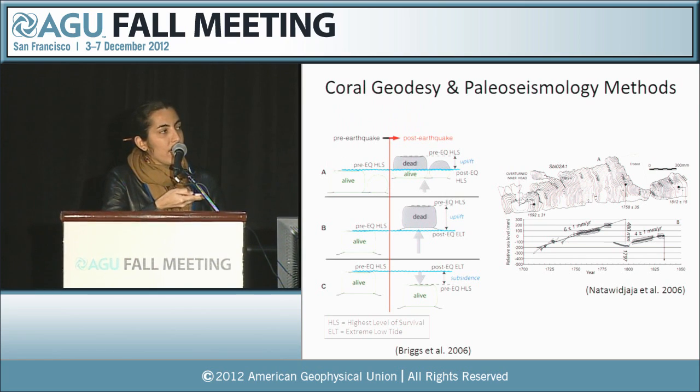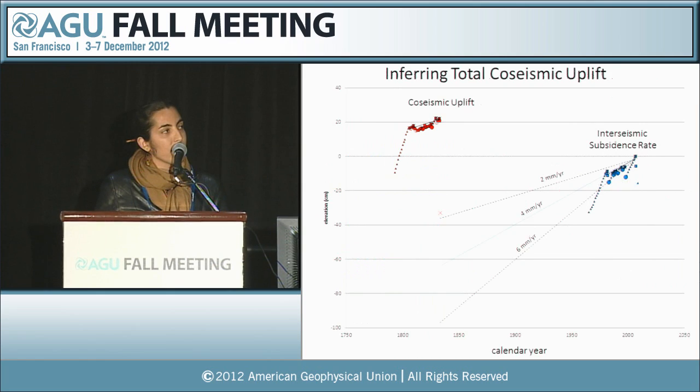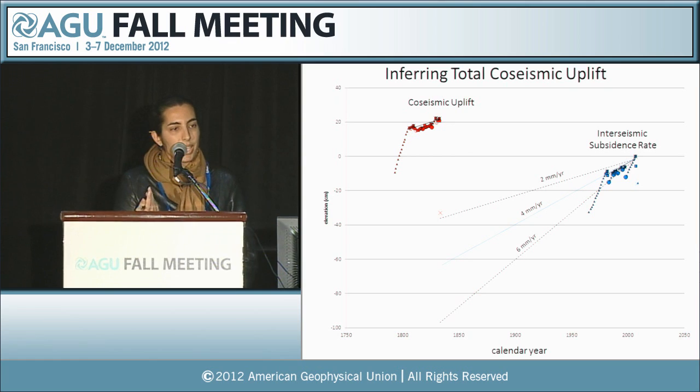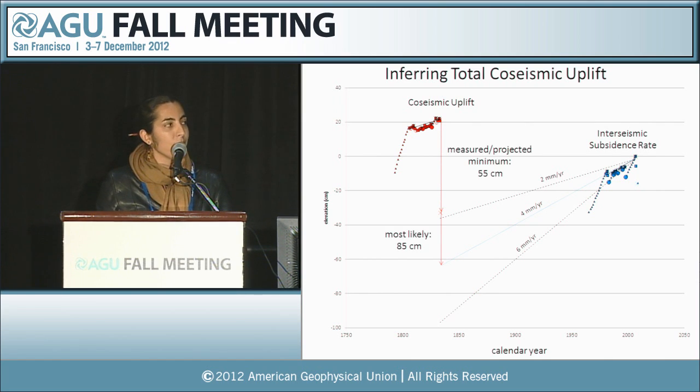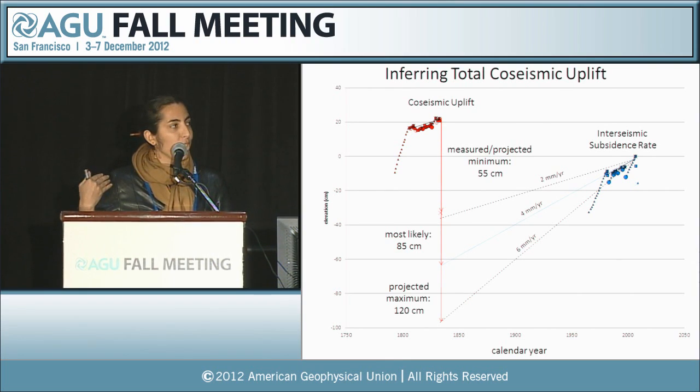If the uplift completely kills the coral colony, in order to estimate the total coseismic uplift, we have to go and sample a modern coral and look at the interseismic rate. We can make a first-order assumption that this interseismic rate was constant throughout the entire interseismic period within some uncertainty, and use that to determine a best estimate of the coseismic uplift as well as some uncertainty on that. So these are the methods which are employed in the data you'll see going forward.